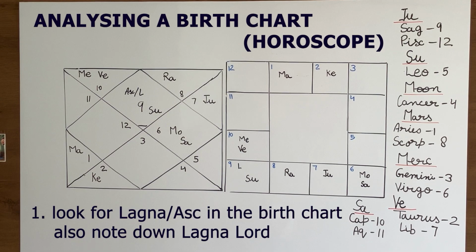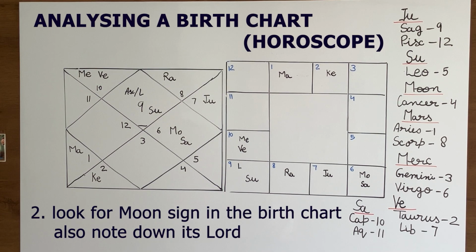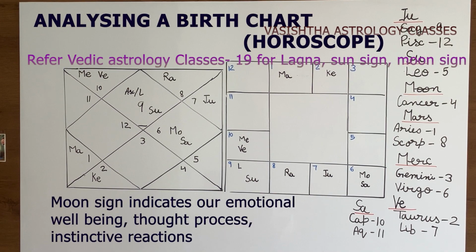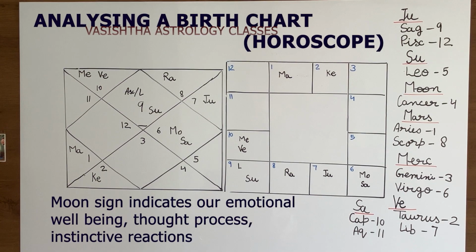Look for the moon sign. In Vedic astrology, after the ascendant sign, the moon sign is also very important because in Vedic astrology, if lagna is about our physical health, moon is about our mental health. Because in Vedic astrology, apart from many other things, moon represents mind, emotions, imagination, instinct, and also mother.